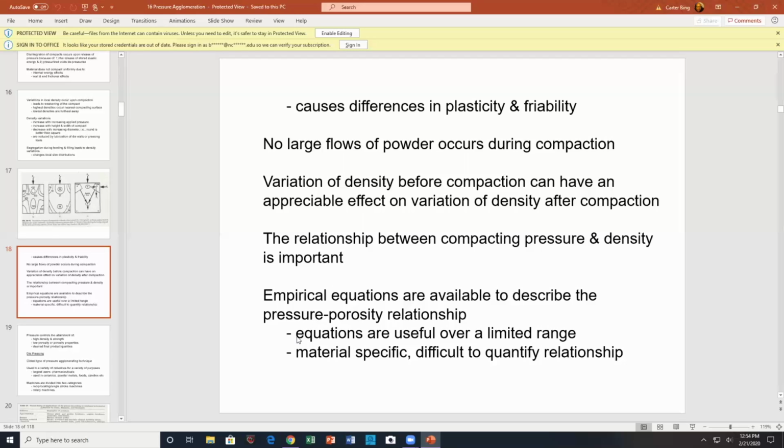And perhaps you can understand the distribution of pores or air pockets in your agglomerated material. Equations are useful over a limited range, material-specific, difficult to quantify. Well, the idea is first you got to get the information before you got to get the data. And again, sectioning, taking pictures, section, take another picture.